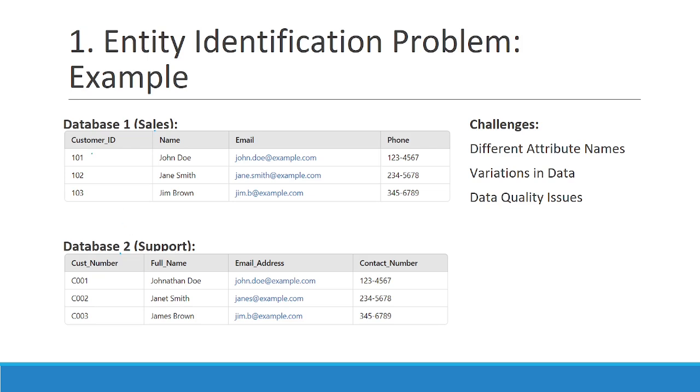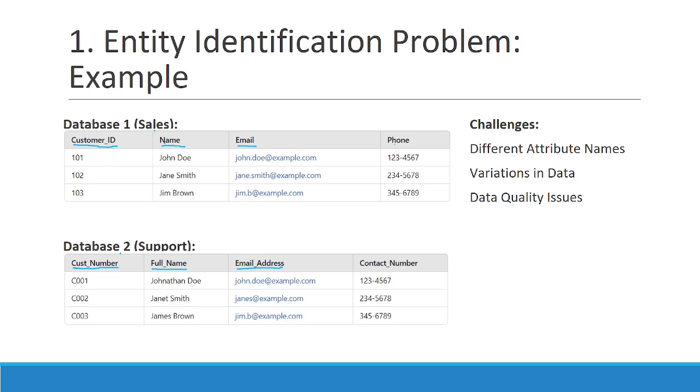If you keenly observe this data, see here the column name is customer id, here the column name is cost number. Now here the column name is name, and in another database the column name is full name. Now here the column name is email, and in another database the column name is email address.